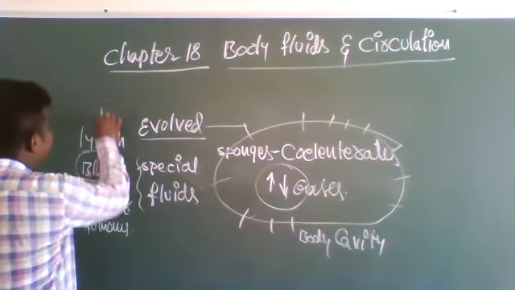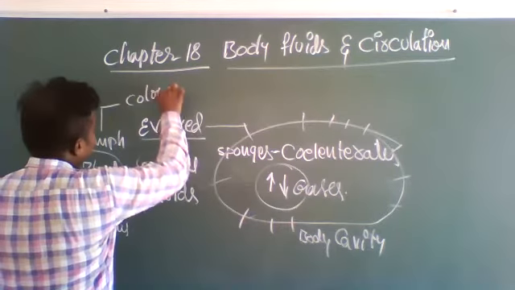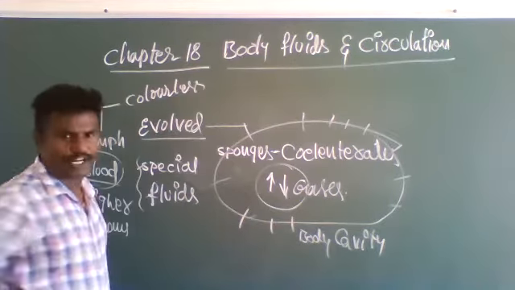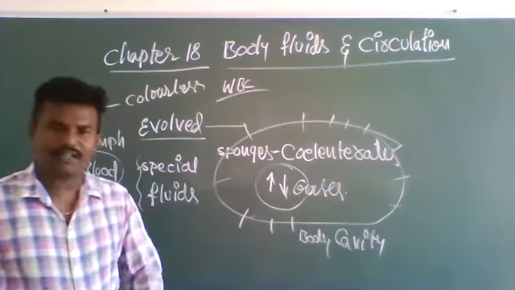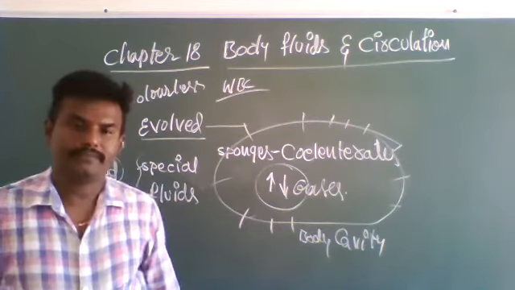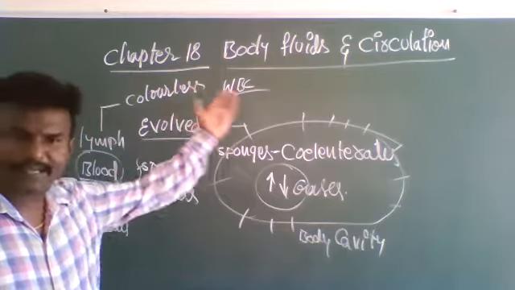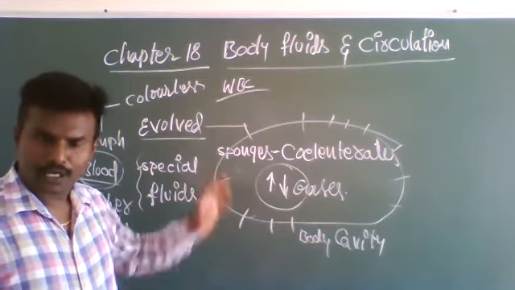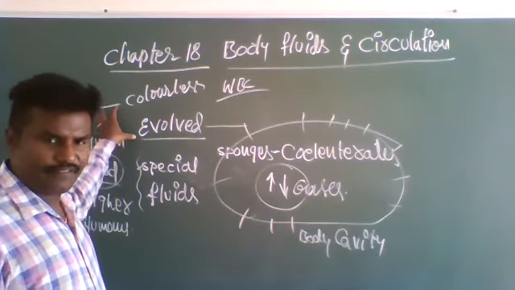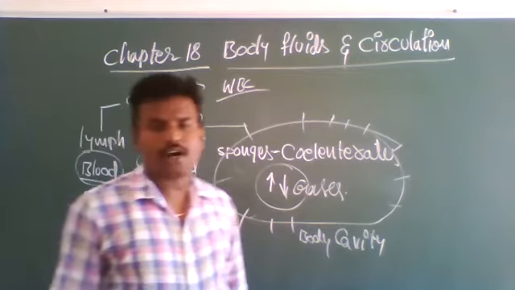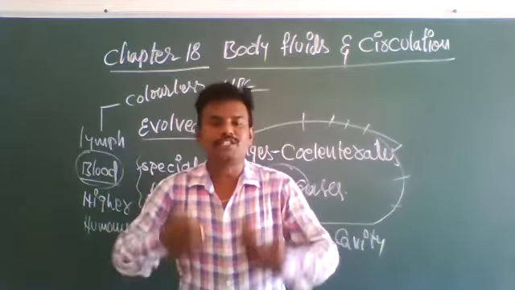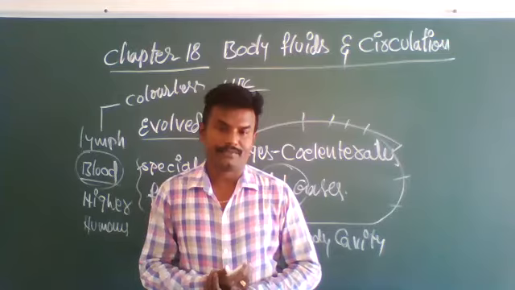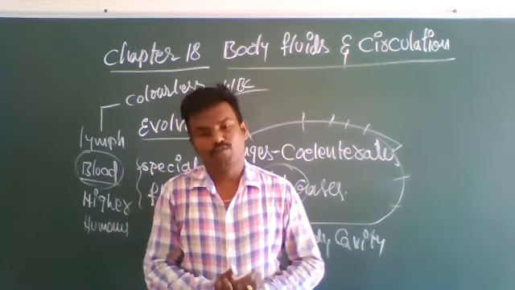Lymph is a colorless fluid which contains white blood cells. In this chapter I will also talk about what kind of mechanism is involved in the circulation of blood. About that we will completely focus.